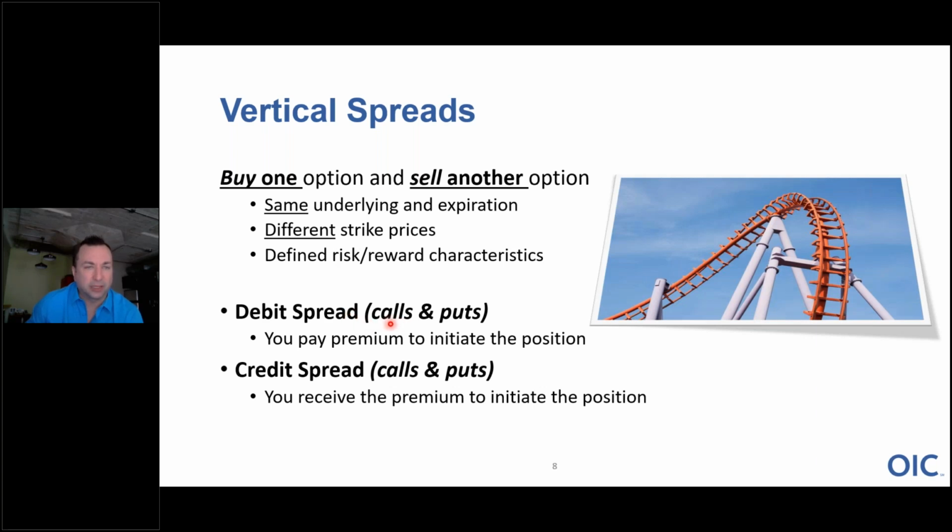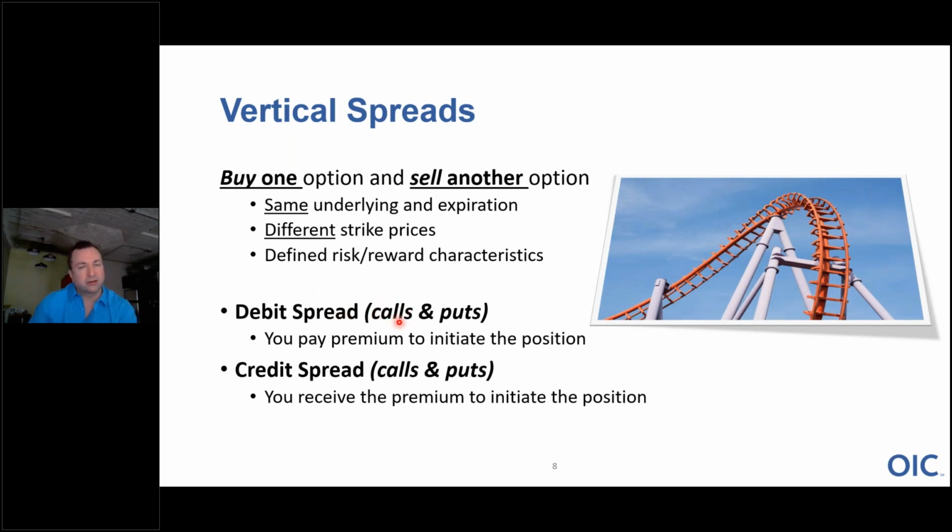A call debit spread means you're buying the lower strike, more expensive call option and selling the higher strike, less expensive call option. For those of you who like the Greeks and like to put things in terms of Greeks, you're a net buyer of calls in this case. You're buying the more expensive lower strike call. You are long delta if you are buying a call debit spread.